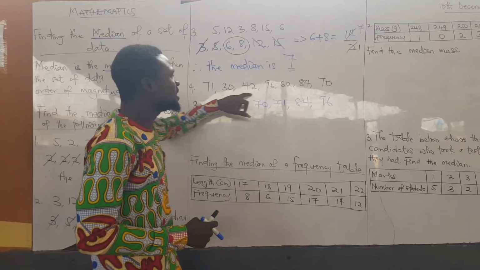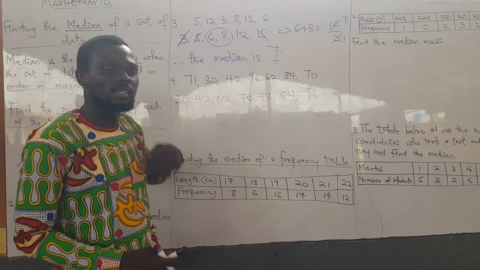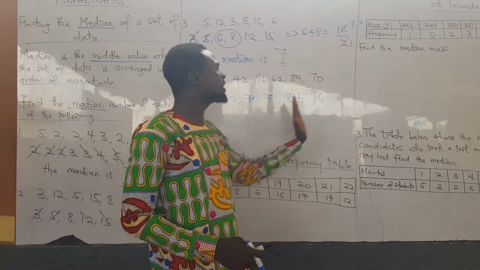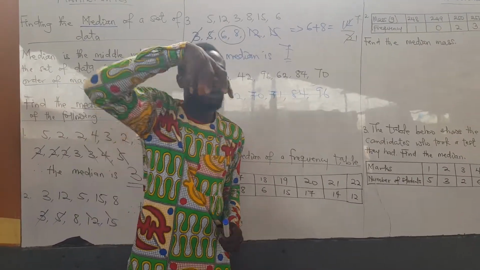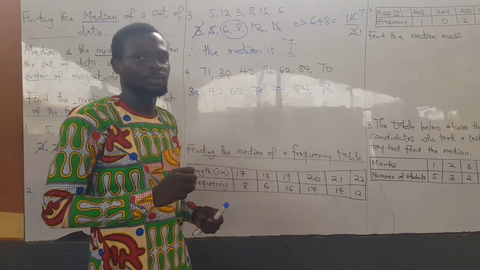So just arrange the values in ascending order. After arranging the values, then try and see if you can get the middle number.